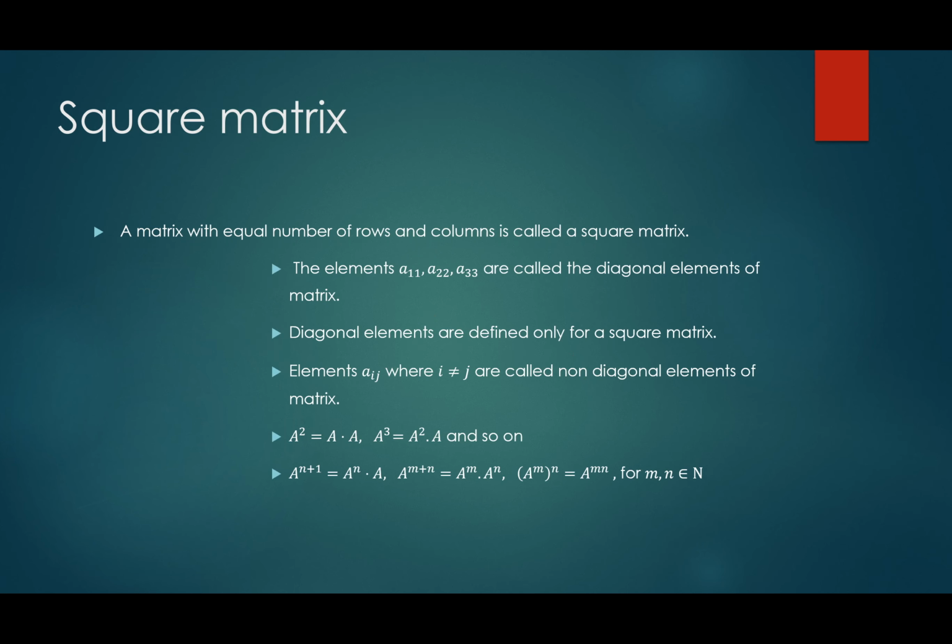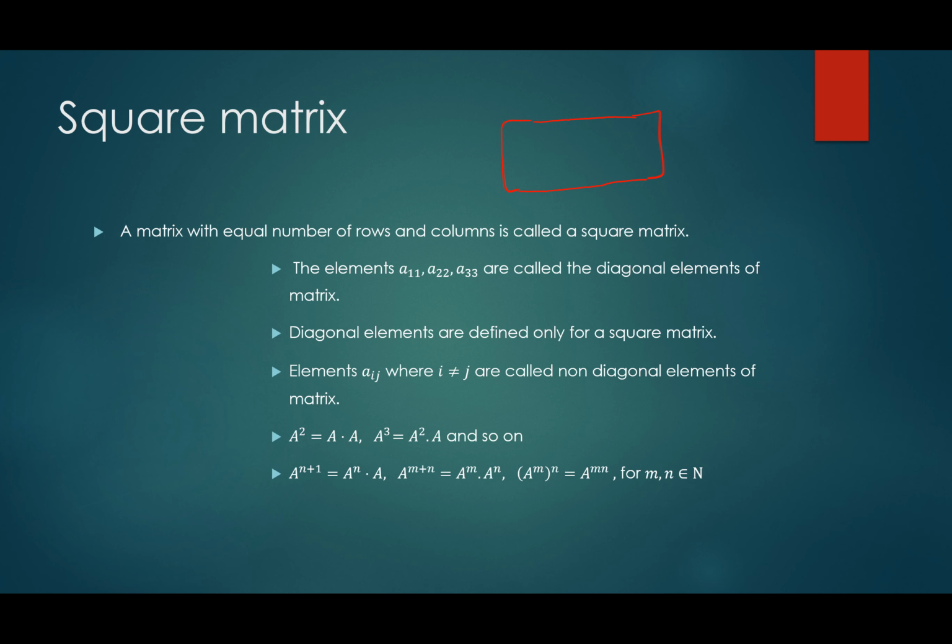Okay, then again based on the order, we have the square matrix. As the name suggests, square. When we draw a matrix, if I join the brackets, it looks like a rectangle.